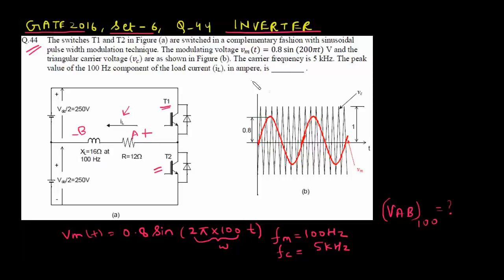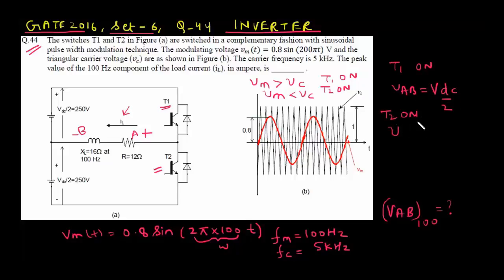So this inverter is using sinusoidal pulse width modulation technique. It means whenever your modulating signal is greater than carrier, T1 is on, and whenever Vm is less than Vc, T2 is on. So when T1 is on, VAB is equal to VDC by 2, and when T2 is on, VAB is equal to minus VDC by 2.